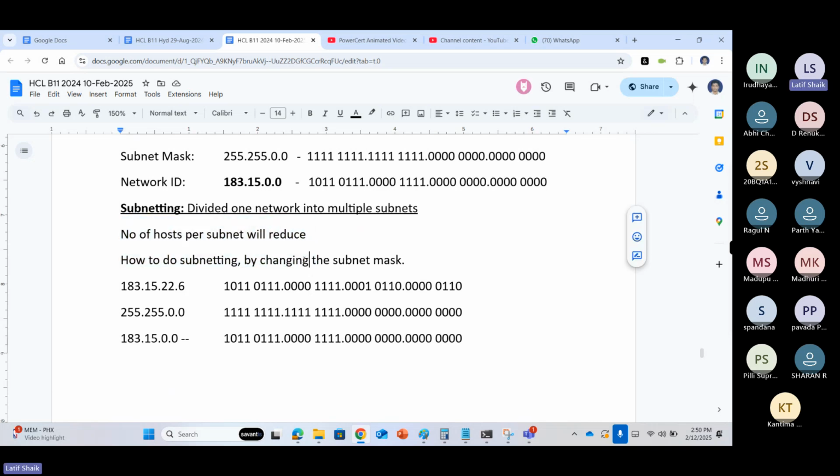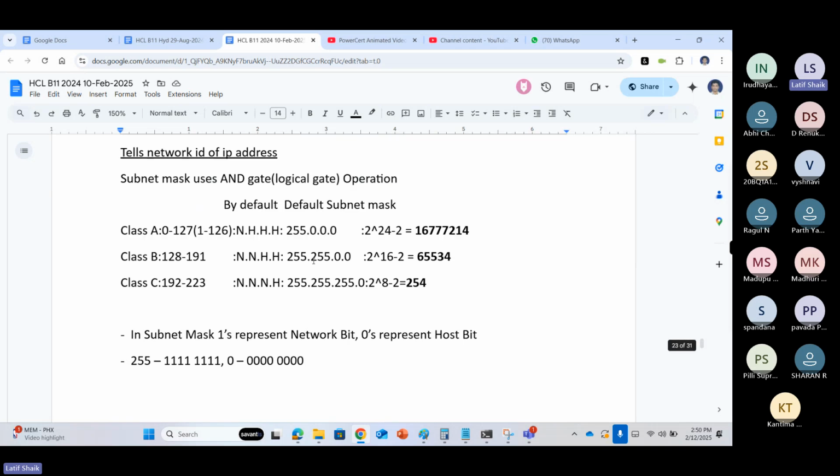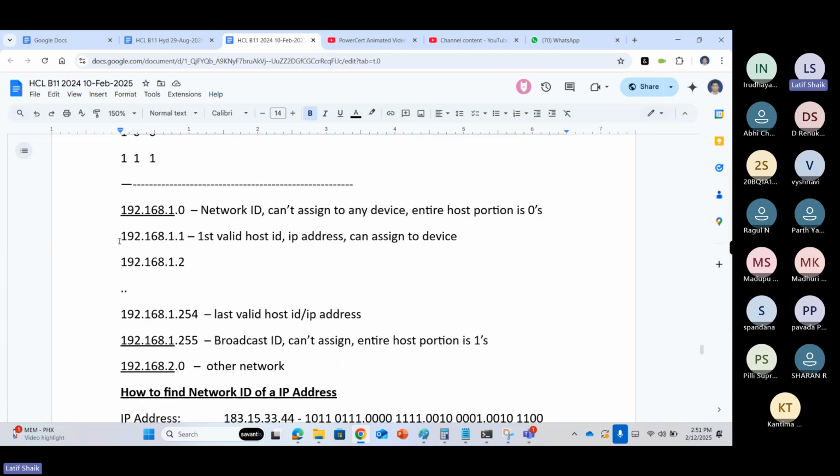As discussed, take class C. In class C, one single network gives you 254 device IP addresses. But if an organization requires only 50, or 20, or maybe 10 public IP addresses for their connectivity, it is a waste to give them 254 IP addresses.